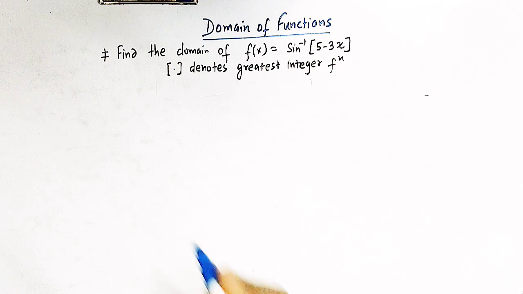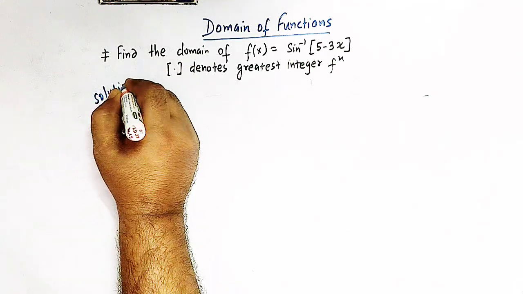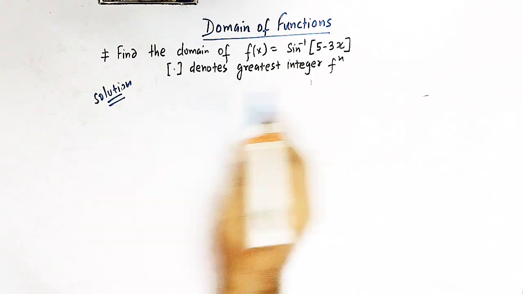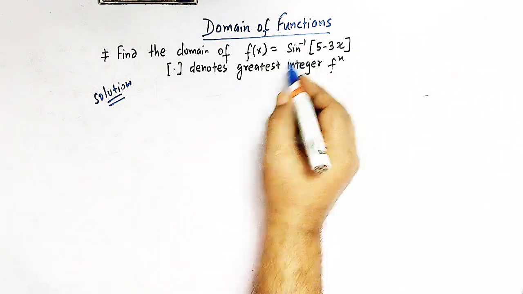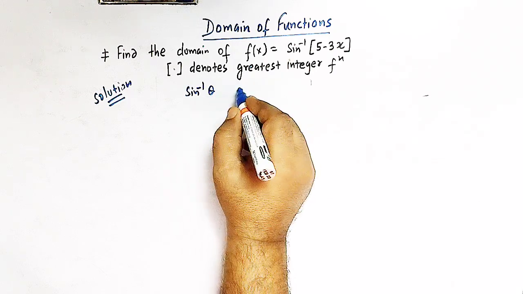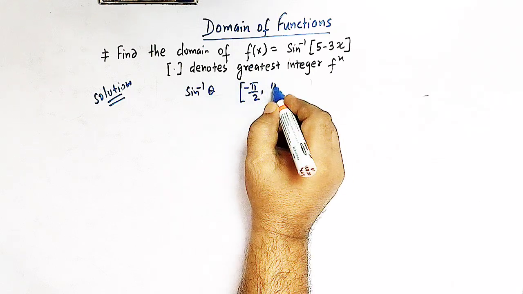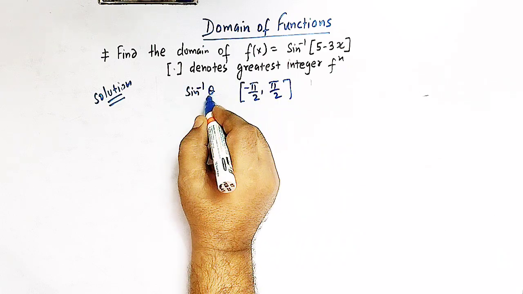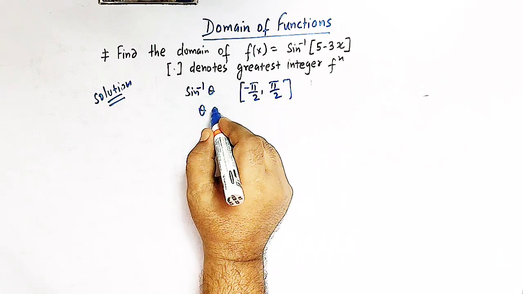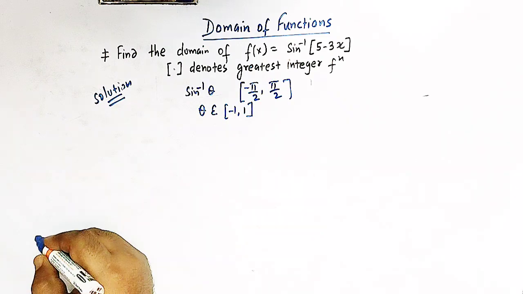So here the first important concept is that the range of sine inverse theta is given by the interval minus pi by 2 to pi by 2, when theta belongs to the interval minus 1 to 1, right?